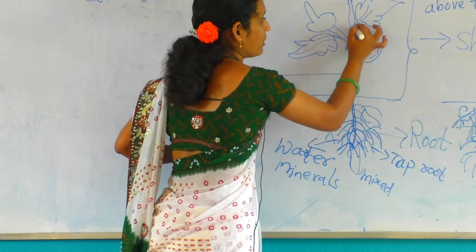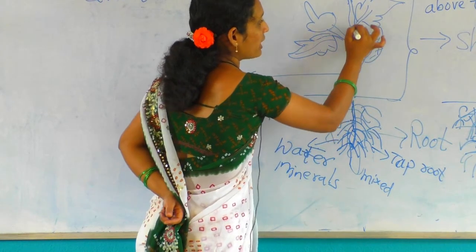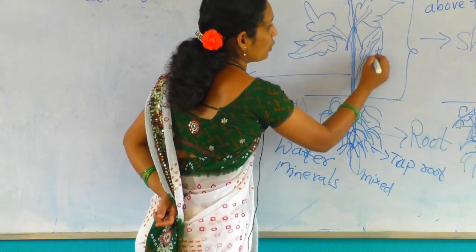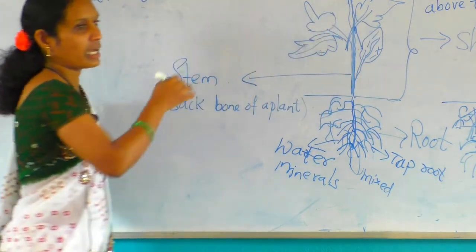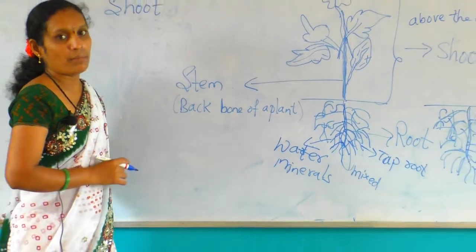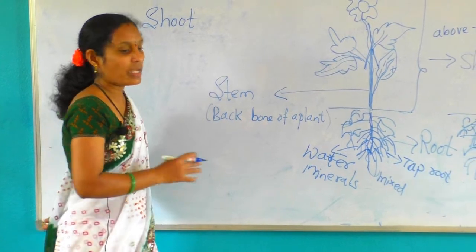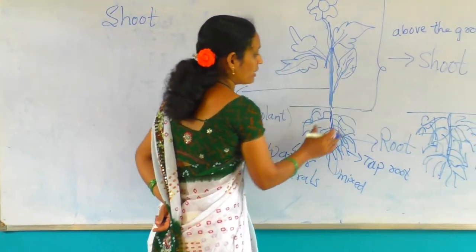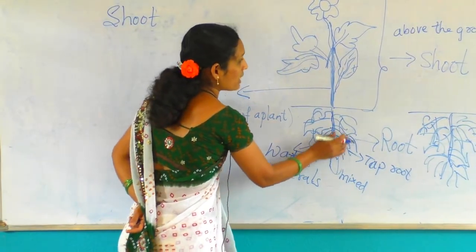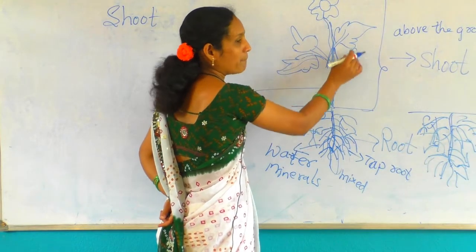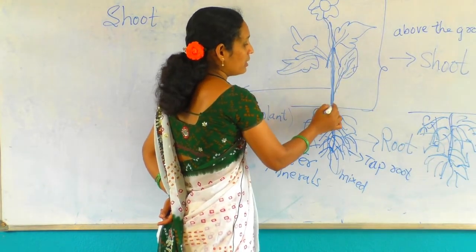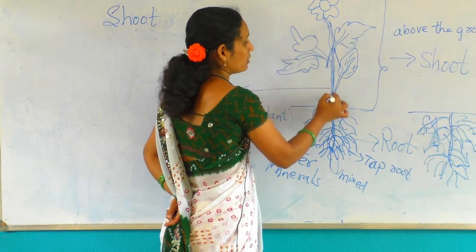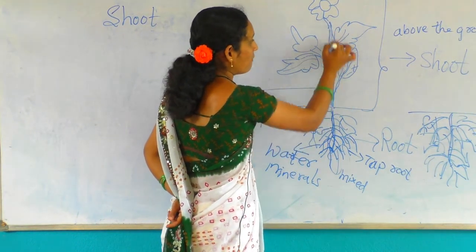It is like a pipe, moving upward and giving energy to leaves, fruits, flowers and every part of the plant, through the stem only. See, it is like a pipe.